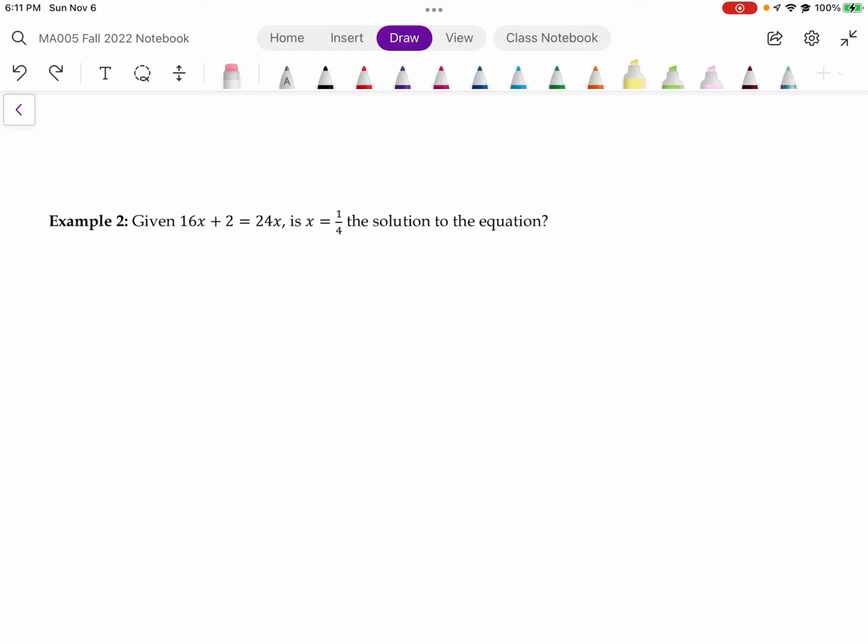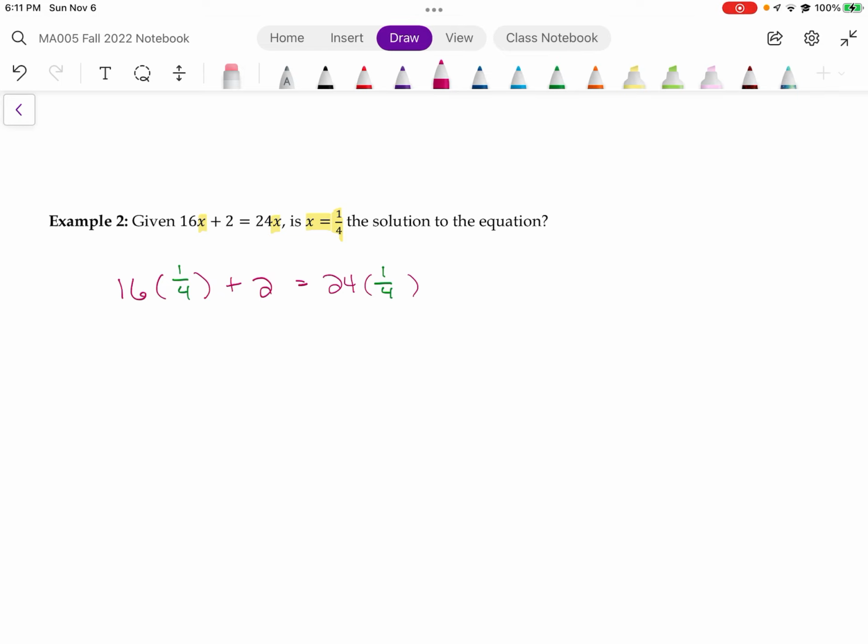Okay, so I'm going to plug 1/4 in, because x is 1/4, for x into the equation. So I've got 16 times x plus 2 equals 24 times x. All right, my x is 1/4. So what is 1/4 of 16?